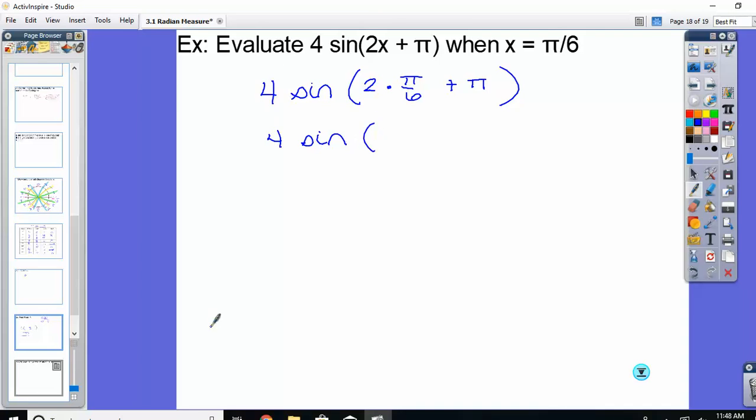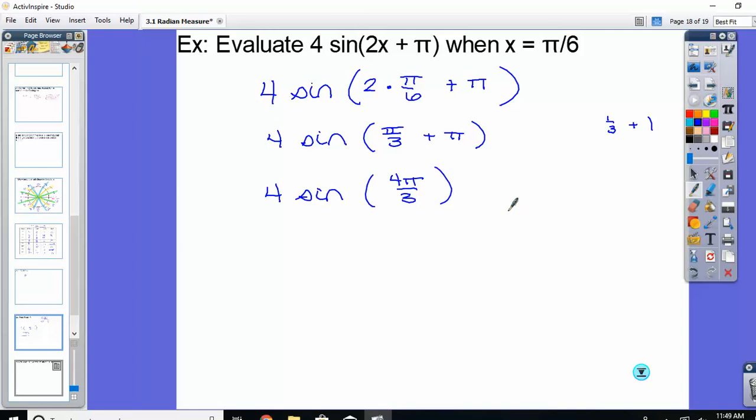It'll change it to a decimal, and I don't want that. If we do 2 times pi over 6, that would be pi over 3. So we really have pi over 3 plus pi. Now, if you were doing this in your calculator, you would do 1/3 plus 1. You don't put it in pies. So what's that turn into? 4 pi over 3.